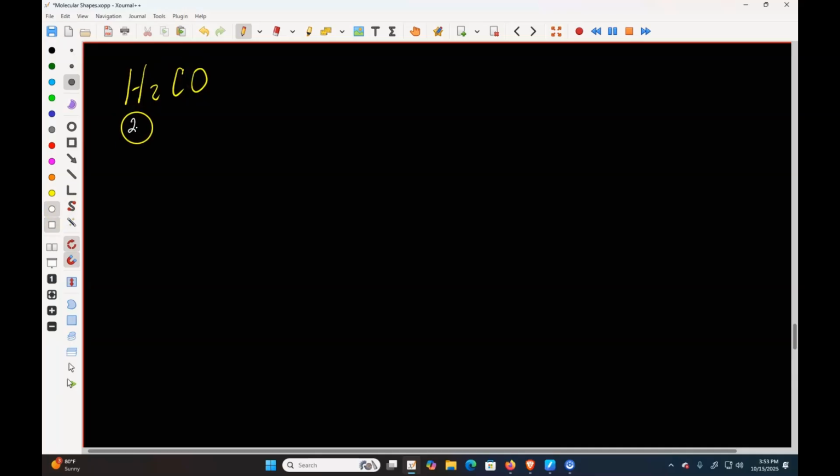I have 2 hydrogens. They're 1 each. Carbon has 4 valence electrons. Oxygen has 6 valence electrons. That should give us a total of 12 electrons. Carbon is going to be my central atom.